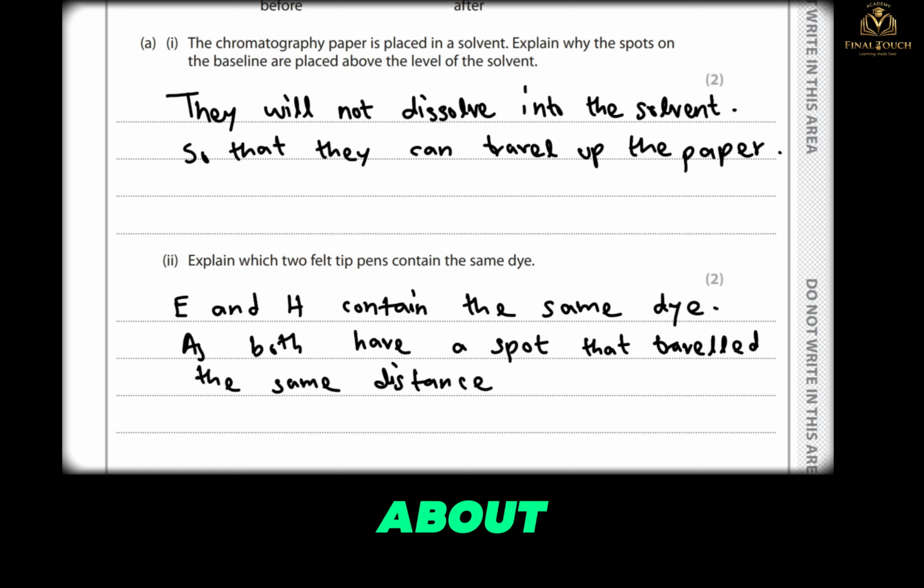Or you can mention about have the same RF value.